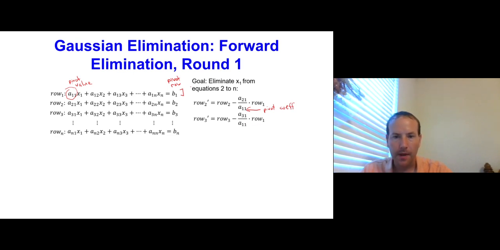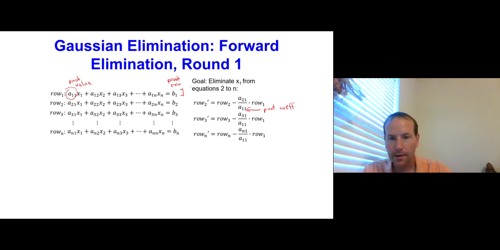Okay, and then in row 3, we're going to apply the same idea where we're updating row 3 based on the current values of row 1 divided by the pivot coefficient.